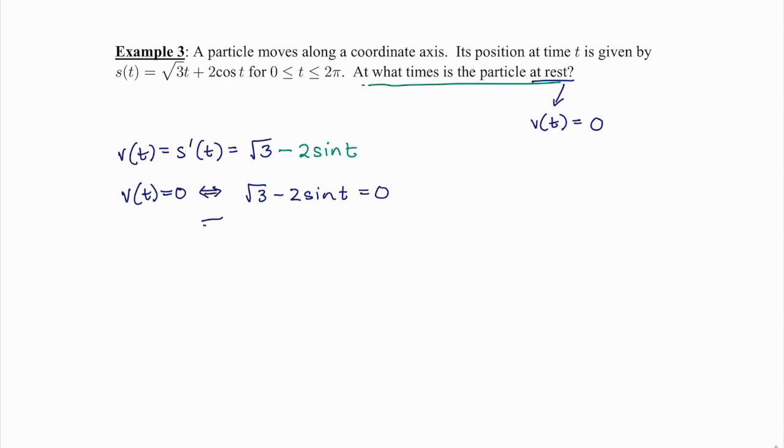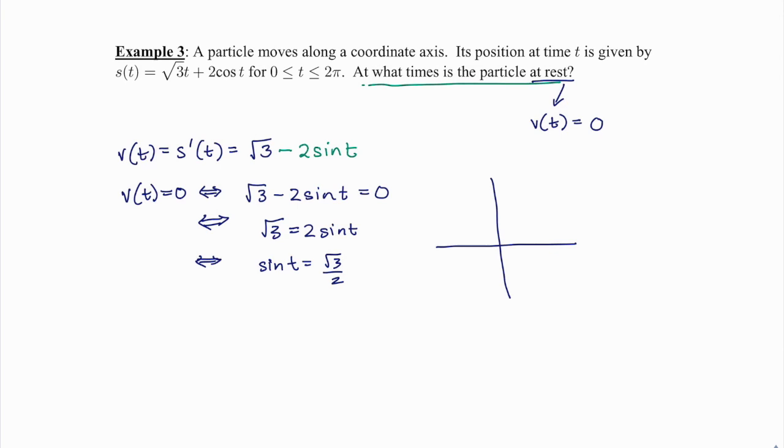So that leaves us with a trig equation to solve. We want to isolate sine of t. So square root of 3 would be 2 sine of t, which means sine of t would be square root of 3 over 2. So you want to think about the unit circle and think about where sine of t is positive.